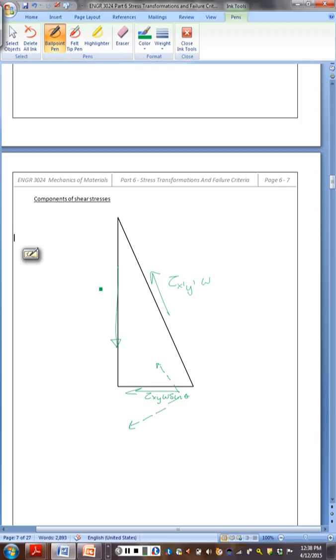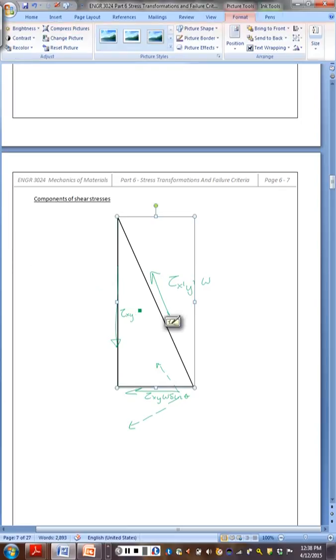Same here. This original is tau xy W cos theta, and we need components in the x prime and y prime direction.